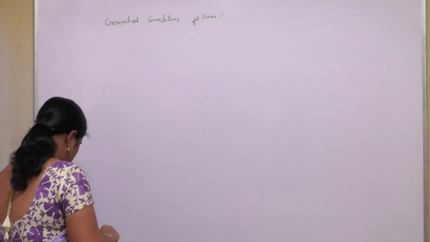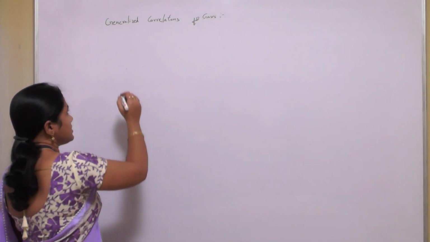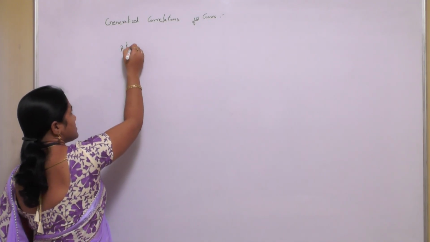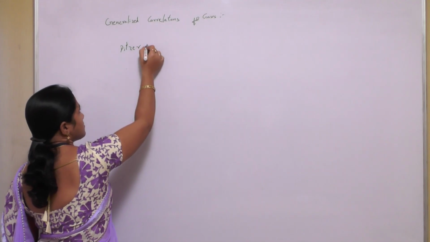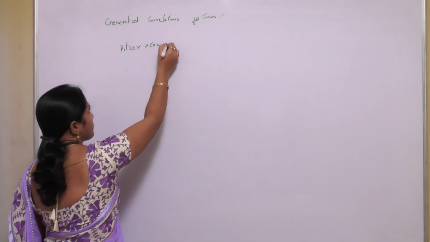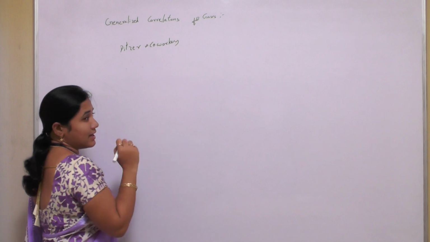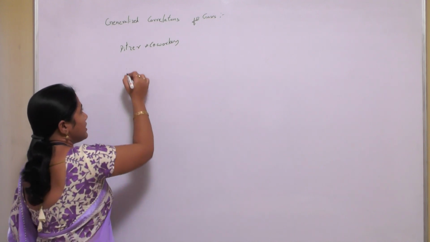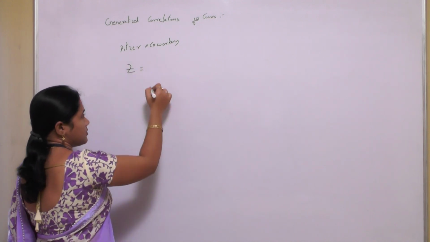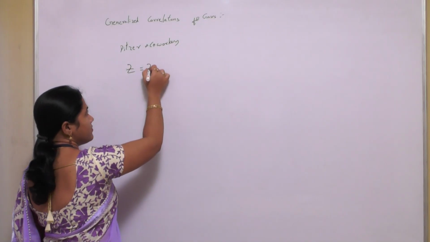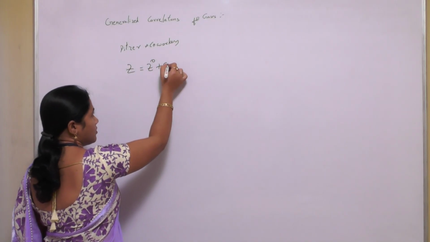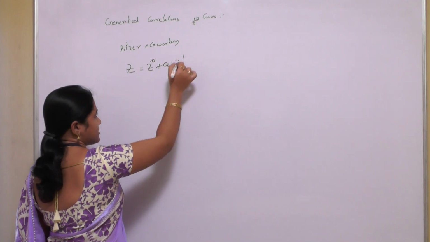By using these equations, Pitzer and co-workers developed some correlations for real gases. The first correlation: they conducted several experiments and found that the compressibility factor Z equals Z0 plus omega Z dash.